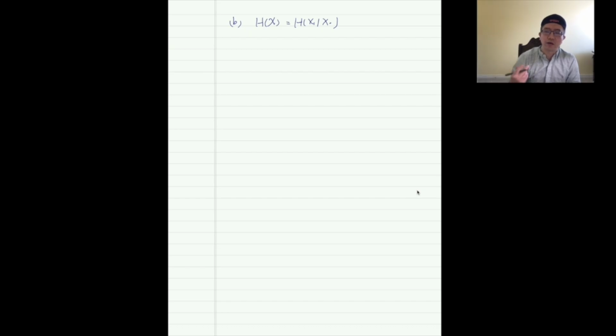So how can we maximize this? We know this will be maximized when X1 and X0 are independent, and since we only have two states, the maximum value of this would be equal to 1.